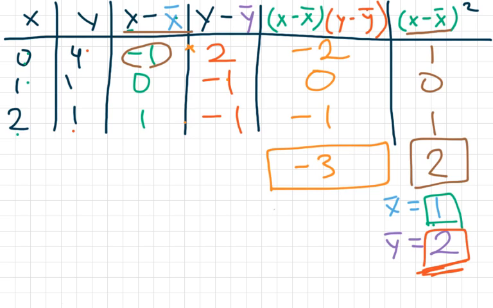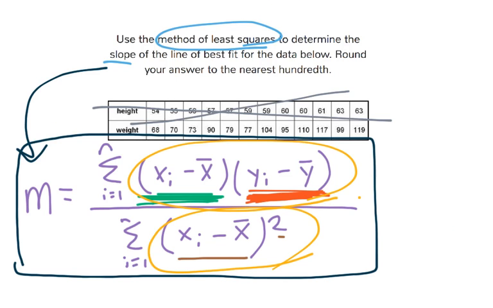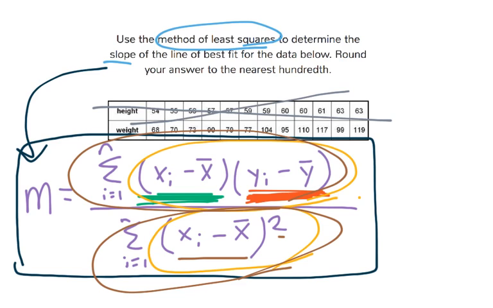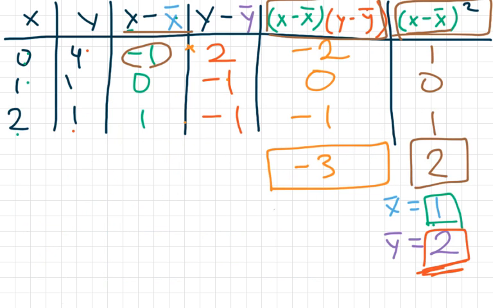And now our formula says we take this sum and we divide it by this. Okay, so let's go back here just to make sure. We take this sum, we divide it by that sum. Okay? So we're going to take our negative 3. Actually, let's make sure we know this is how we find m.